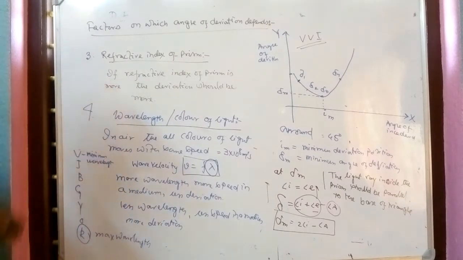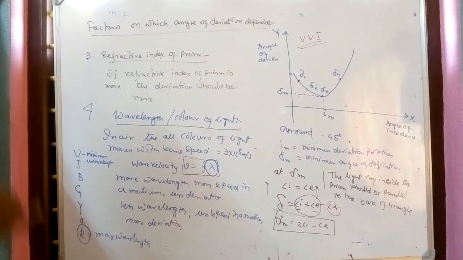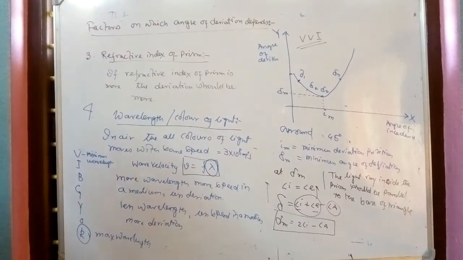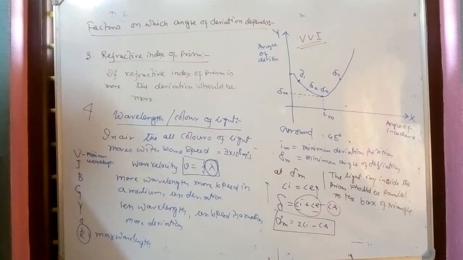So if you move a violet light through a prism, then its deviation will be more, and if you just pass a red light through the prism, then the deviation will be less, because the red has more wavelength, and that's why the speed of red is more, and that's why the deviation will be less. So that is the story about the refraction through prism.